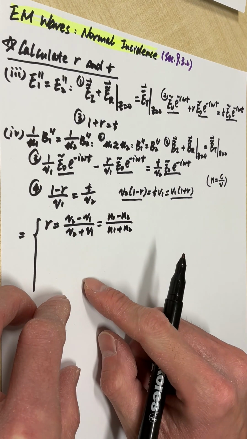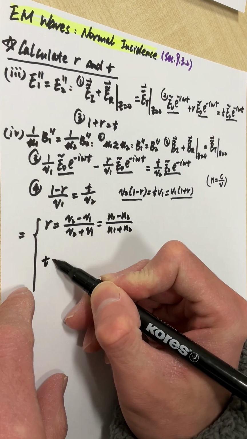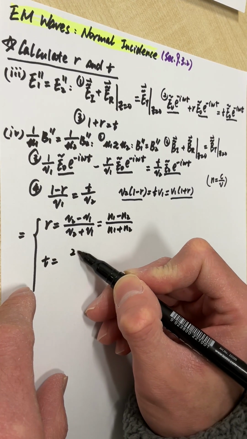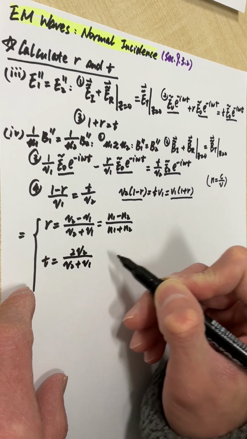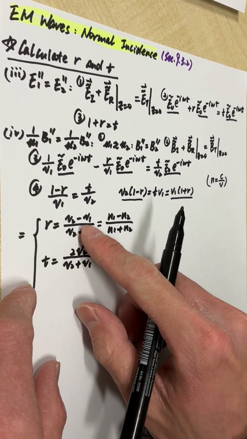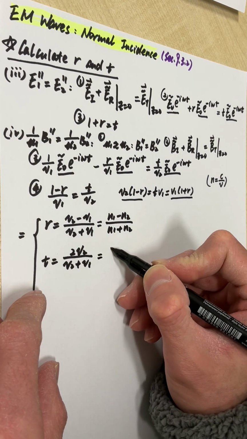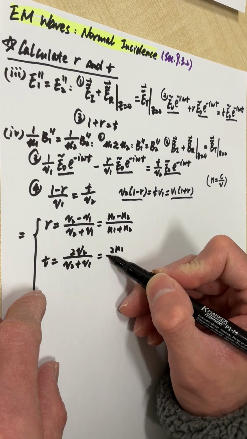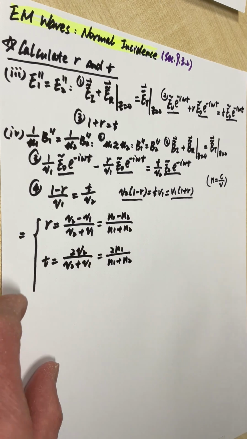So that's R. And T equals 1 plus R, so T equals 2 v2 divided by (v2 plus v1). And this equals 2 n1 divided by (n1 plus n2).